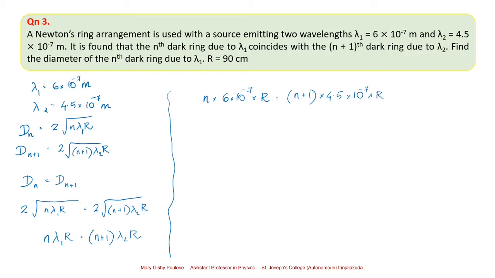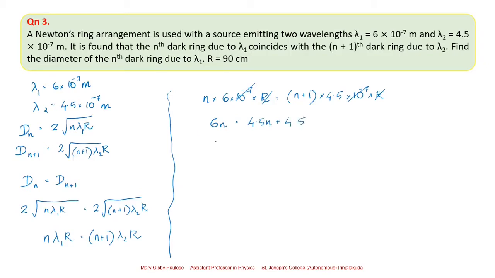R cancels out and we have 6n, 10 raised to minus 7 cancels out on both sides, is equal to 4.5 n plus 4.5.